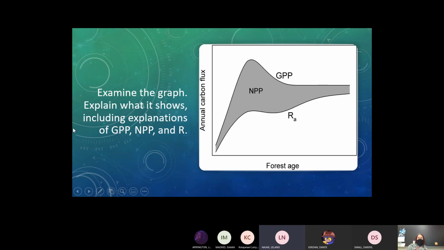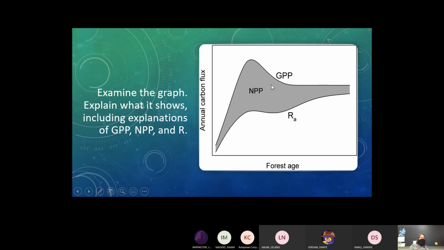So we're looking at an optimal age for a forest, when the GPP peaks compared to the respiration rate. That would be this area right in here. You see a whole bunch of carbon influx, and that creates more usable NPP.